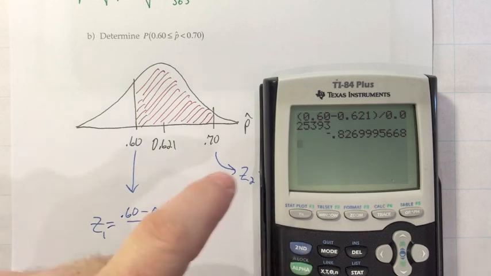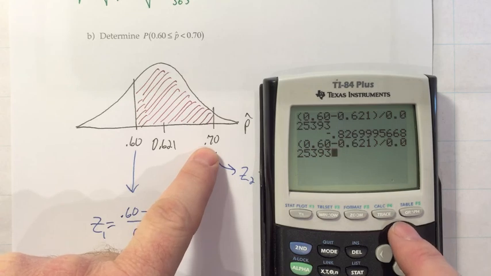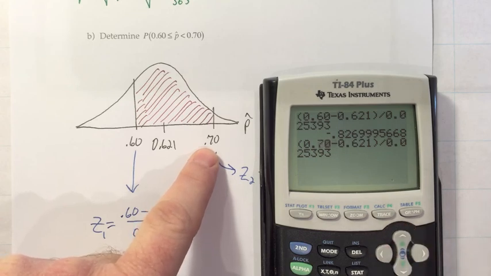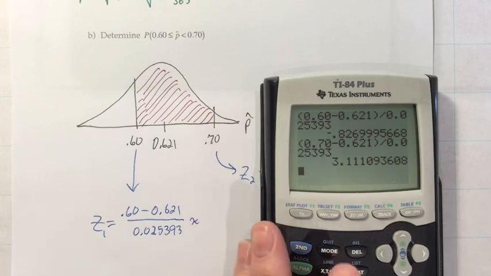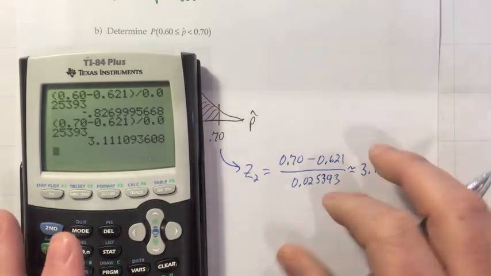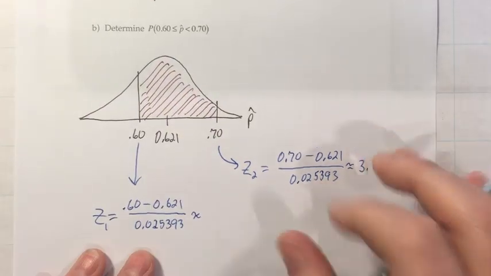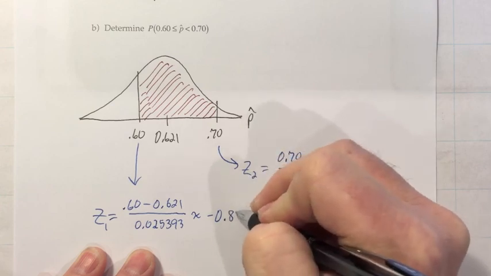And then to do the other one, that has the boundary of 70, so I'm just going to do second enter to pull up the last calculation, change that 60 to a 70, and press enter again. Alright, so the one on the right is 3.111, and the one on the left was negative 0.827.